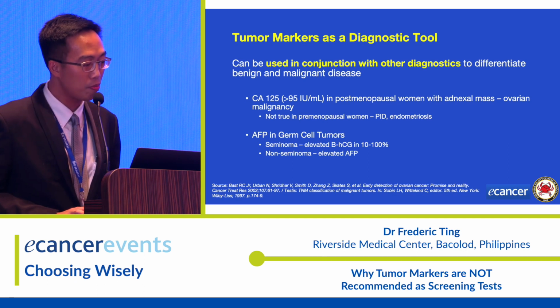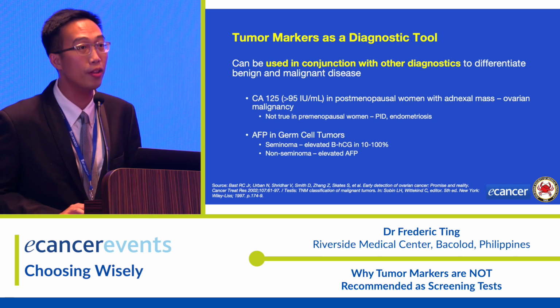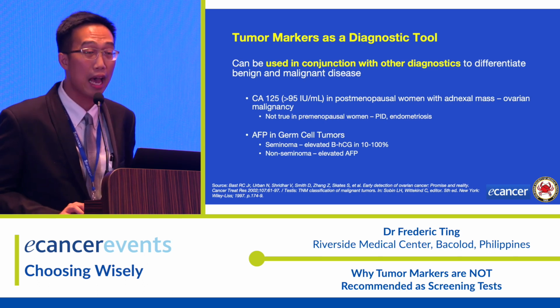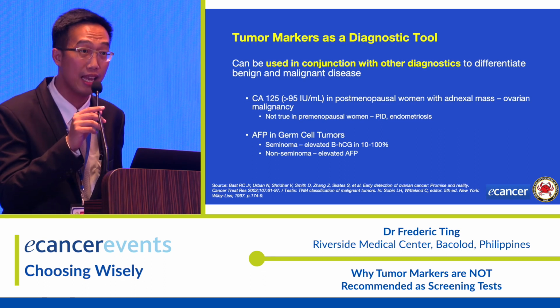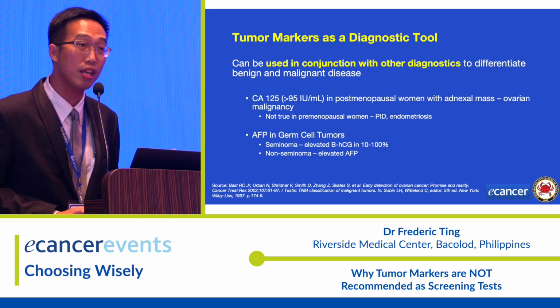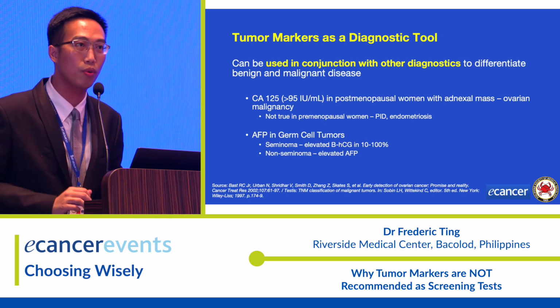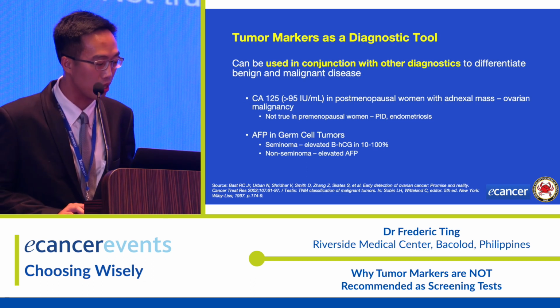So one example would be the presence of an elevated CA125 in postmenopausal women with an adnexal mass, which is highly suggestive of ovarian malignancy. Now, the operative term is highly suggestive. It is never definitive. So it gives you an idea that ideally we would still want to do a biopsy to get a definitive histopathologic diagnosis.